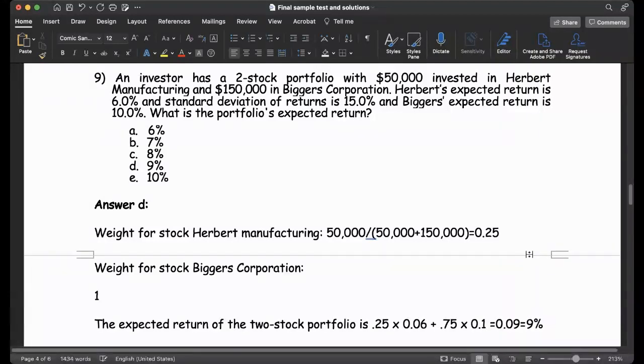The weight for the other stock, Biggers Corporation, you have 2 ways to calculate it. You can use 100% minus 0.25 equals 0.75, right? Because the rest of the portfolio is in the second stock. You can also use 150,000 divided by 200,000, which is the sum of 50,000 and 150,000.